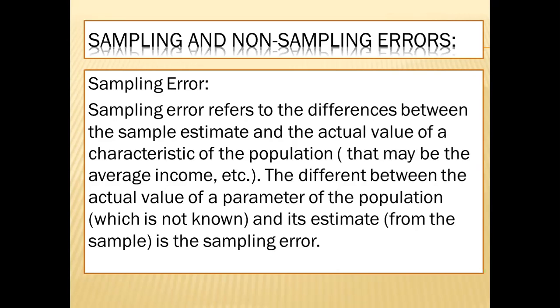We take 600 and 550. 600 minus 550 gives 50. 50 is the sampling error, like this.